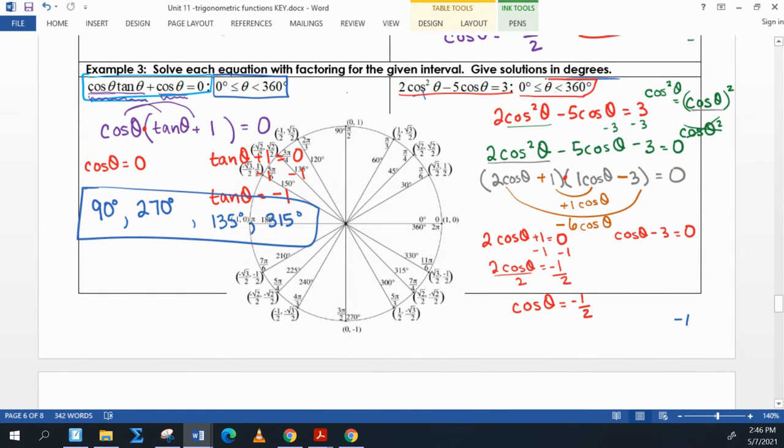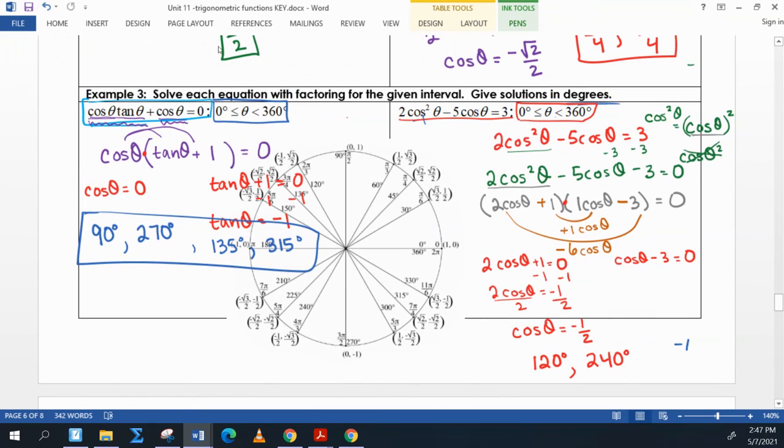The interval is between 0 and 360, so all the way around the circle, I'm looking for an x value of negative 1/2. There's one right there, so I'm going to say 120 degrees. Keep looking for an x value of negative 1/2. There's another one, so we're also going to say 240 degrees.